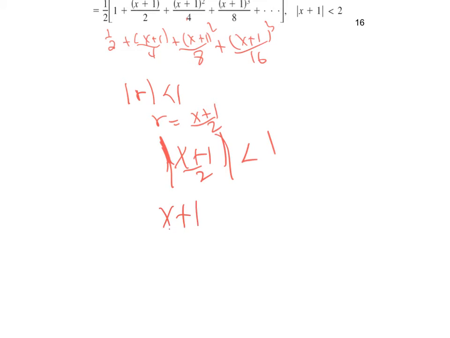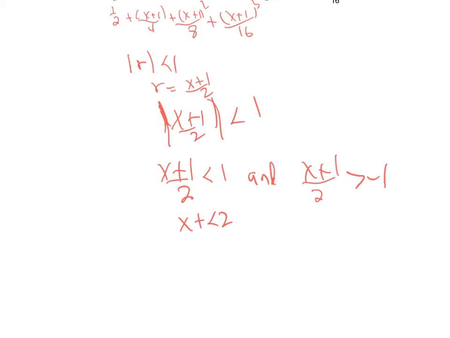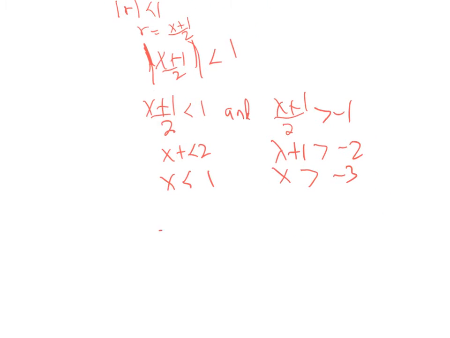X plus 1 over 2 could be less than 1, and x plus 1 over 2 could be greater than negative 1. Multiply both sides by 2. X plus 1 is less than 2. X is less than 1. X plus 1 is greater than a negative 2. X is greater than a negative 3. So you know we're looking between a negative 3 and a 1.